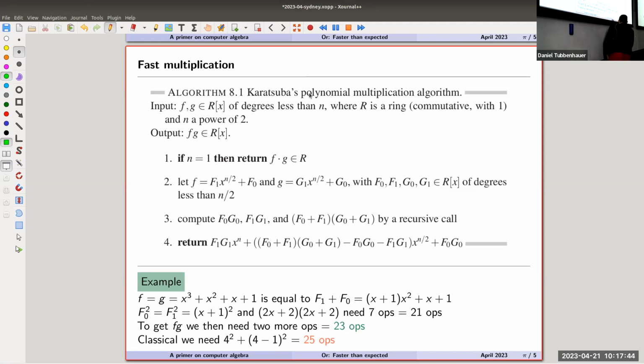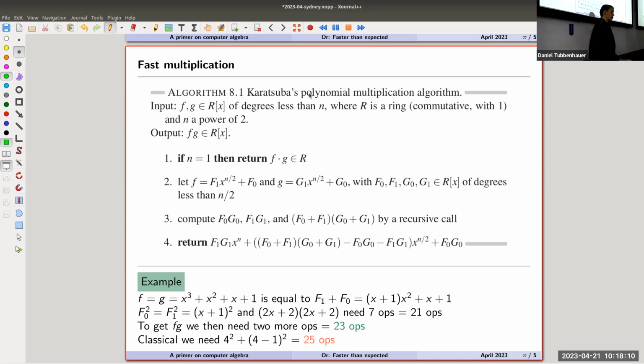You divide the polynomial, just for simplicity, so that you do something to the power of 2, so we can do that recursively. So you split the polynomial f into f1, x to the power n/2, and f2, and the other one, g, into g1, x to the power n/2, and g2.